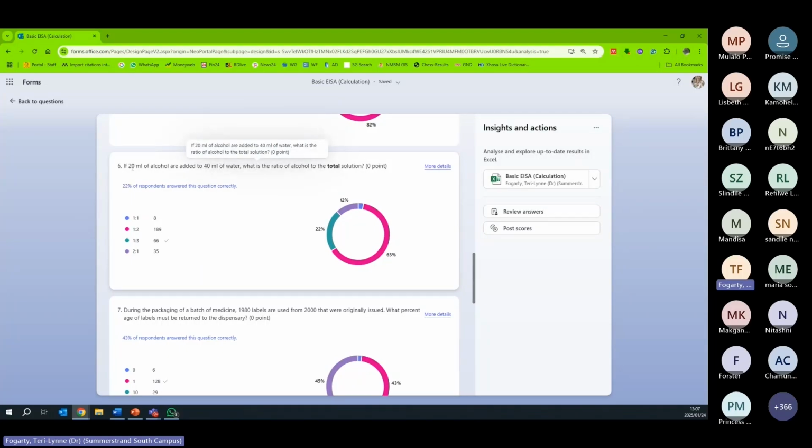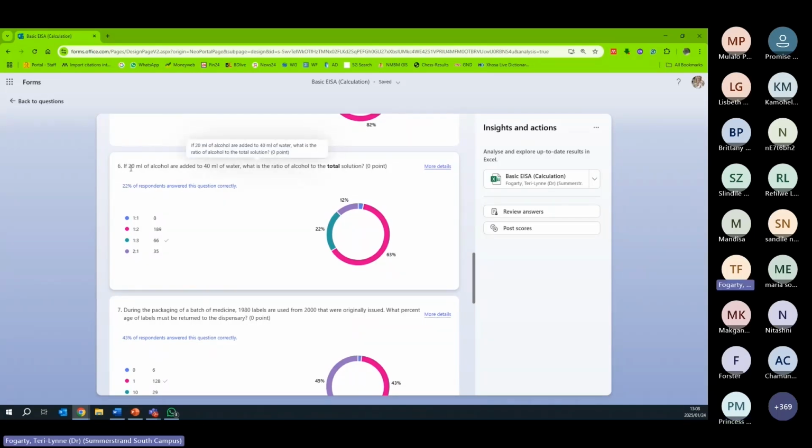Yes, the ratio of alcohol to water is 1:2. How do I work that out? 20 over 40, I'm going to get 1/2, which is the same as 1:2. But the question isn't asking what is the ratio of alcohol to water. The question is asking what is the ratio of alcohol to the total solution.